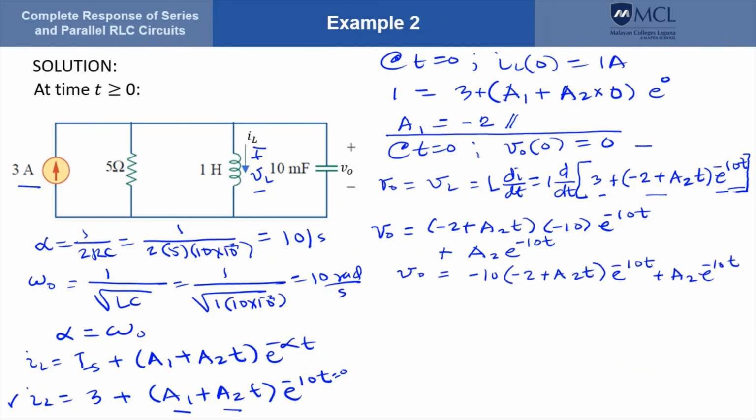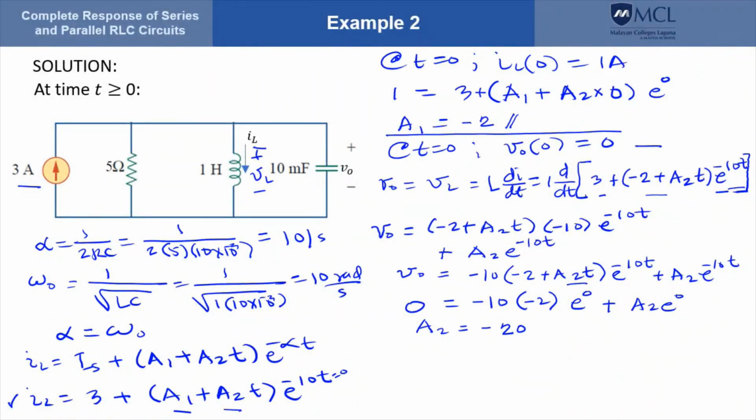Applying this condition, 0 equals negative 10 times minus 2, so this is 20 times e to the 0, plus A2 times e to the 0. So that will give us A sub 2 equals negative 20.